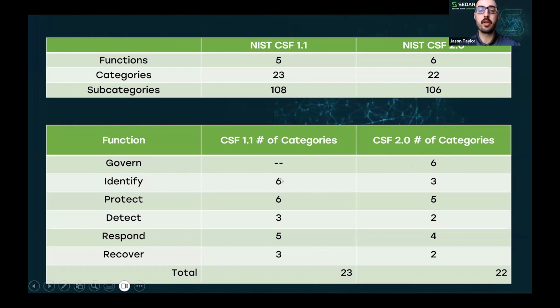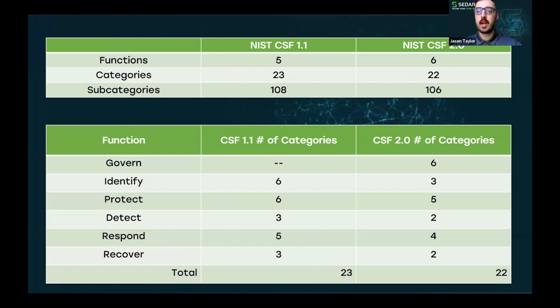While all of the other functions that we knew and loved from the previous version of the NIST CSF have actually gotten smaller in the number of categories assigned to them. This is mainly because a lot of Govern-like controls that were strewn throughout those functions are now in their own brand new designated Govern function. So the NIST CSF did some shifting around mainly to emphasize this Govern function.